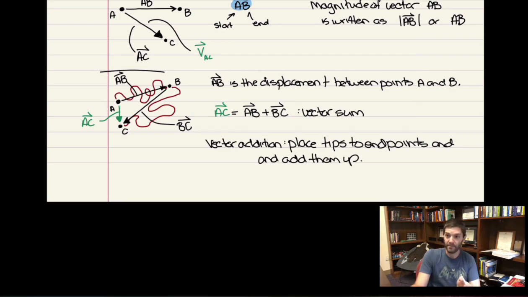Remember, it's a little bit more involved than just adding up numbers, because in this case there's directionality associated with it as well. So I started at A, went to B. I could draw that as an arrow that pointed towards B. Then I left B and went to C. That motion was represented by a different arrow that I drew down here. And by drawing the arrows where the endpoint of one arrow is at the tip of the other arrow, I can get my overall displacement just by putting arrows back to back, in a sense.